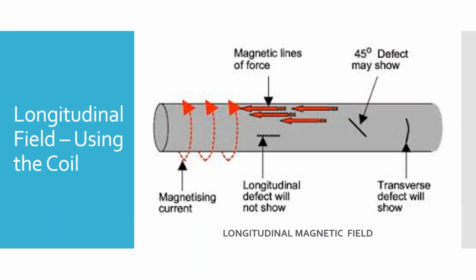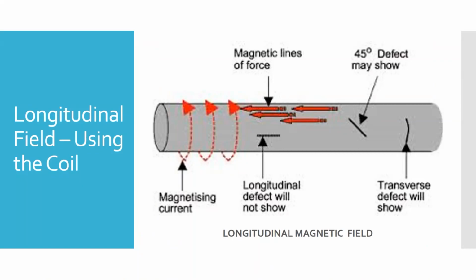And they show them going left, but again, we're using AC, so your north and south poles may be left and right, or they might be right to left. We don't really know. There are ways you can figure it out with a Gauss meter, but it really doesn't matter. We just want the part to be fully magnetized. We don't really care which direction, left to right, right to left, our magnetic field is running.